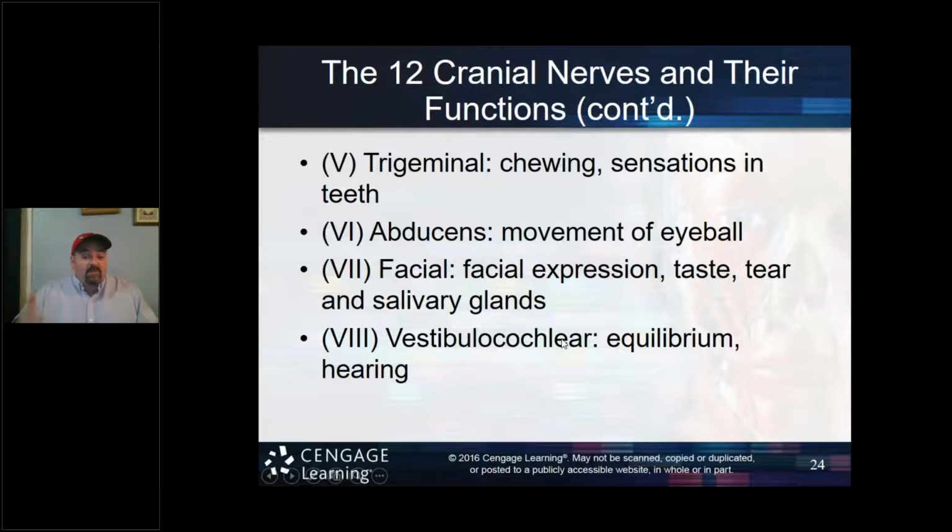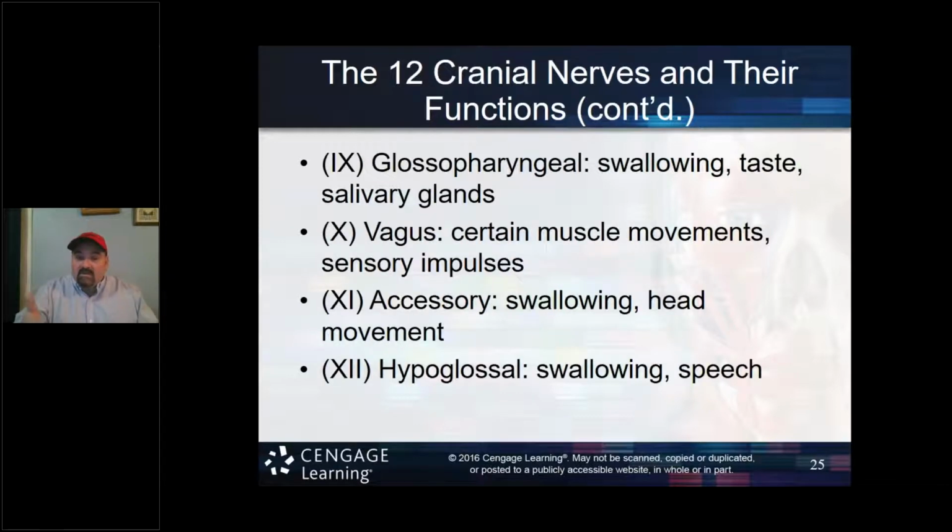Vestibulocochlear, again, for balance and equilibrium, as well as hearing. 9 would be glossopharyngeal, for swallowing, for the salivary glands, as well as the sense of taste in the posterior aspect of the tongue. Cranial nerve number 10 for sensory and motor input, and really control of the thoracic and abdominopelvic organs, viscera.